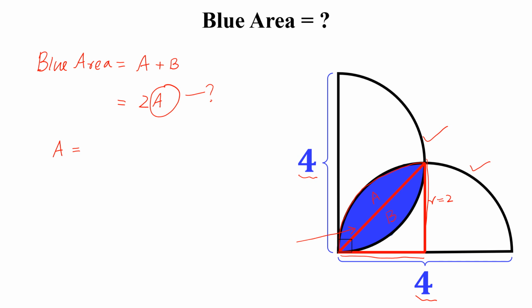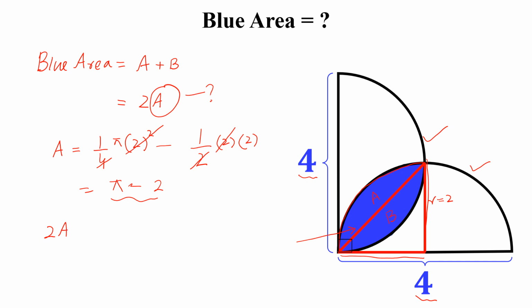So the area of this quarter circle is 1 by 4 pi r square, and r is 2, so 2 square, minus the area of this red triangle, and the area of this red triangle will be equal to half into 2 into 2. 2 is the radius of this semicircle. 4 will be cancelled with this, so pi minus 2. So A is equal to pi minus 2.